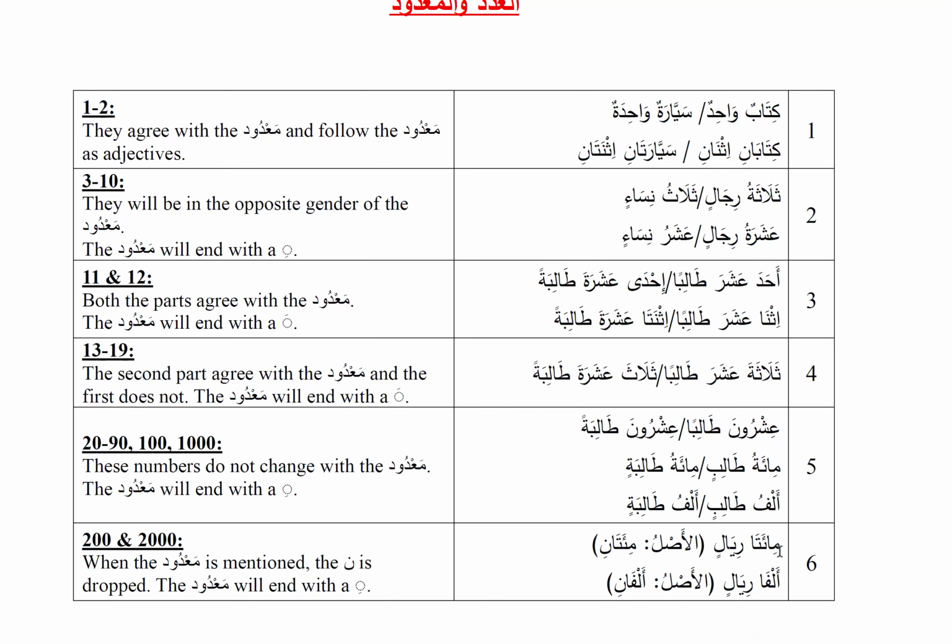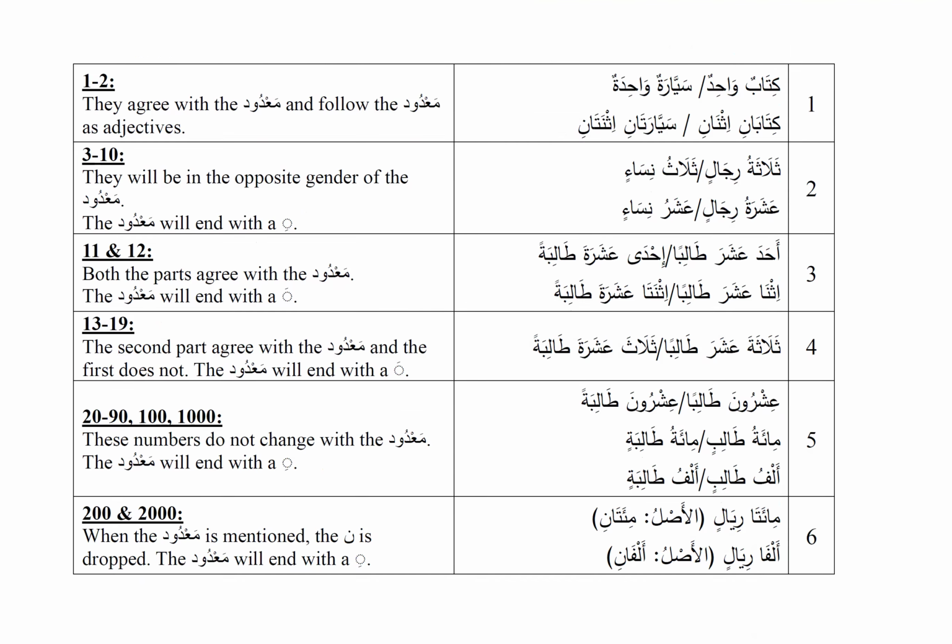So when you join it with the ma'dud, then you remove the noon. Mi'ata riyalin. You don't say mi'atani riyalin. No, that's wrong. Remove the noon and say mi'ata riyalin. Likewise, when you want to say 2000 riyals, we say alfa riyalin by removing the noon. Originally it was alfani riyal, but in the construction we remove the noon and say alfa riyalin.